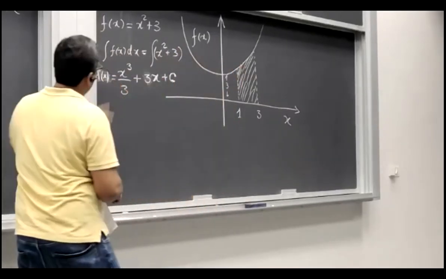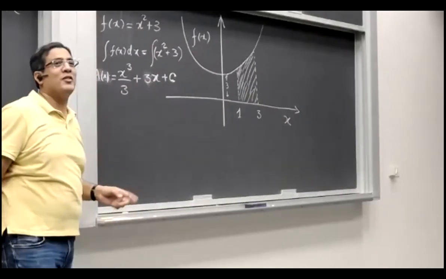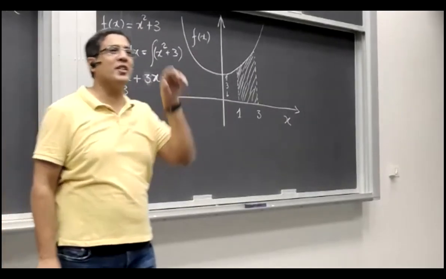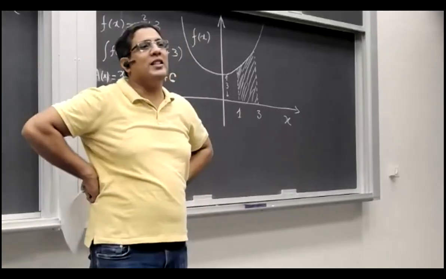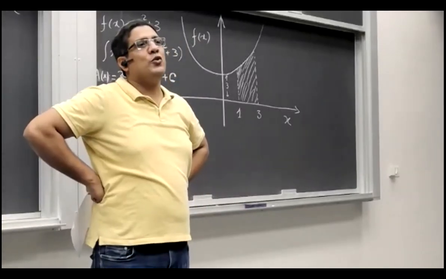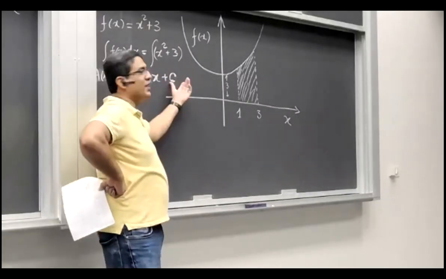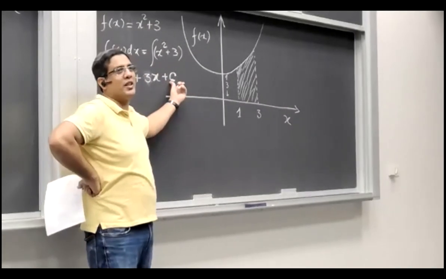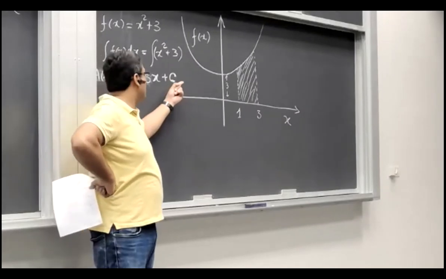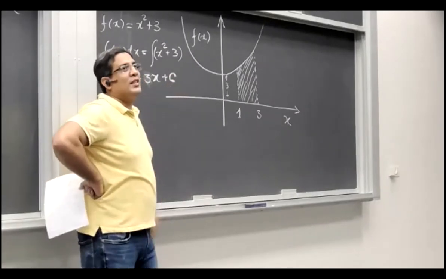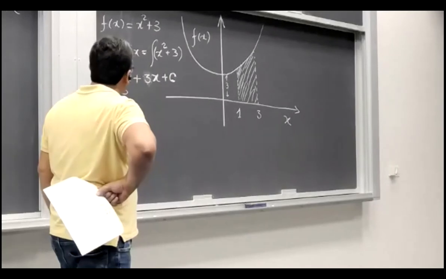So whenever you have an indefinite integral, this is the rule about the constant of integration: you always have to introduce the constant of integration, otherwise you will get an incorrect answer.